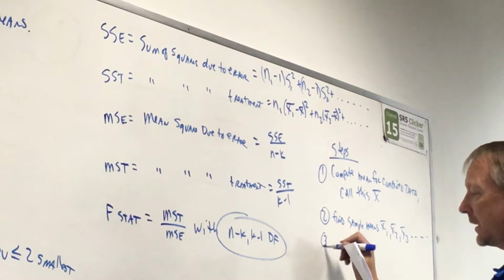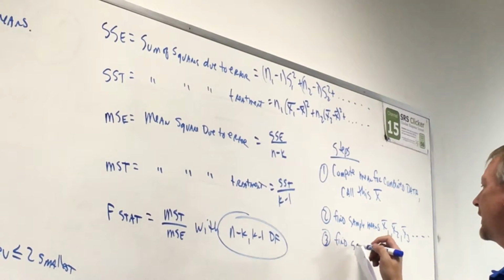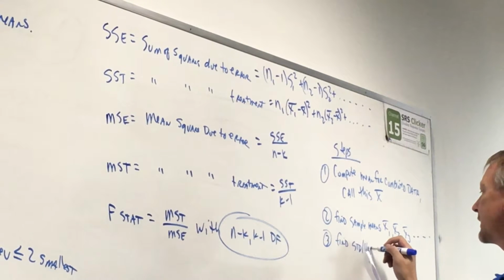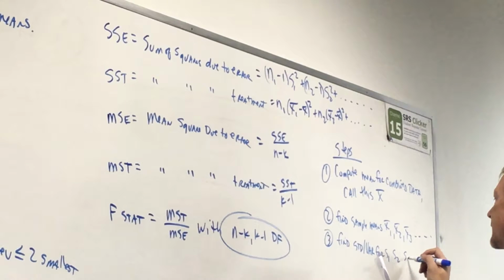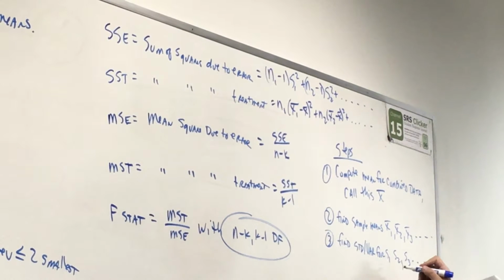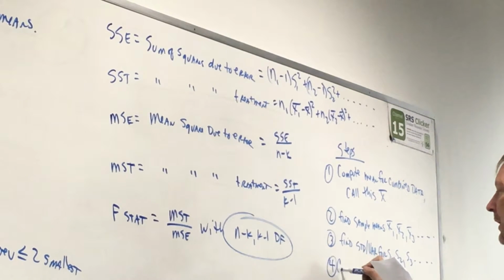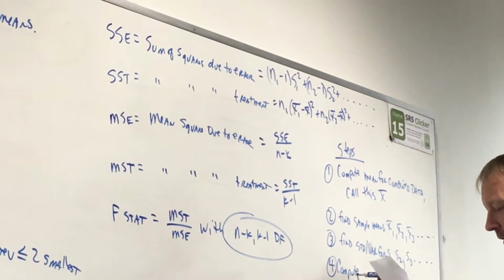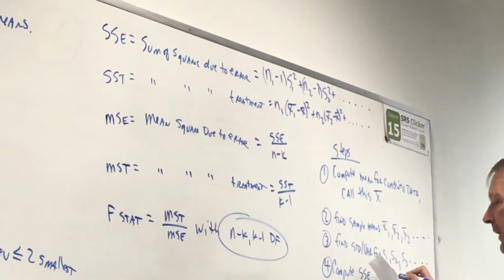Step number 3, you're going to find the standard deviation slash the variances for S1, S2, S3, etc., however many you have. Step 4, you're going to compute your SSE and your SST.